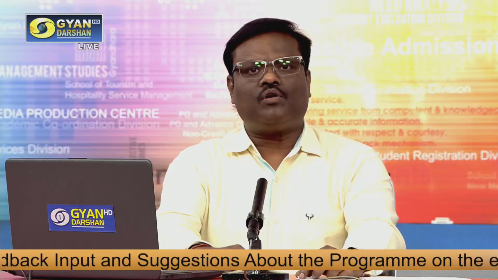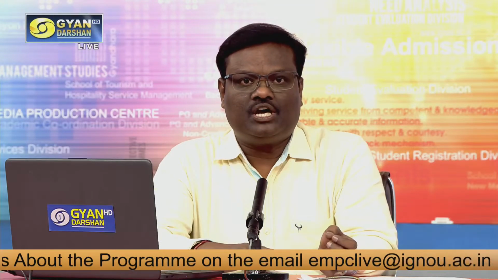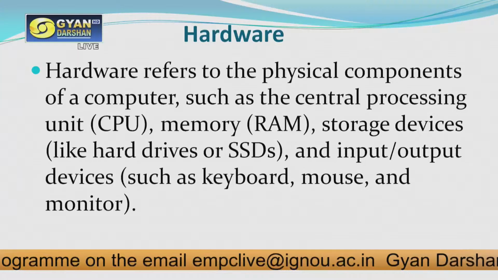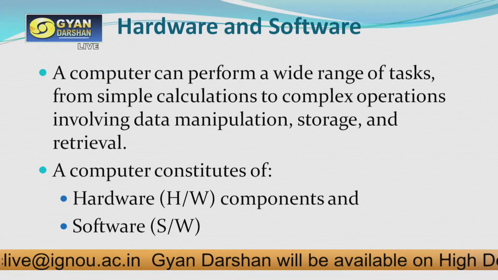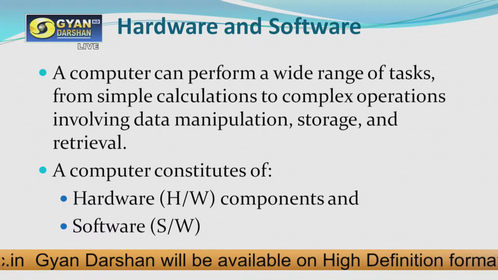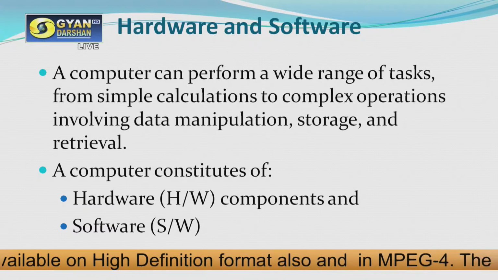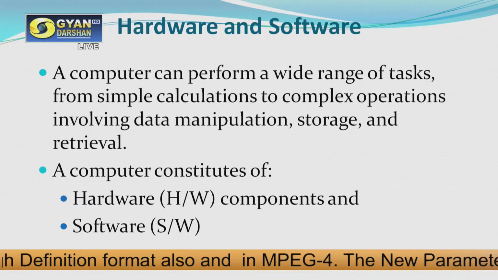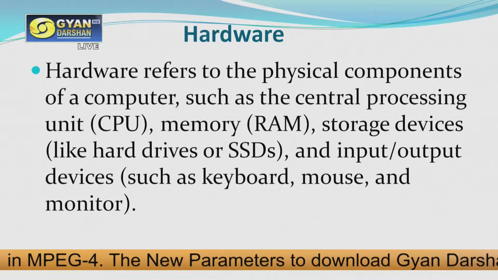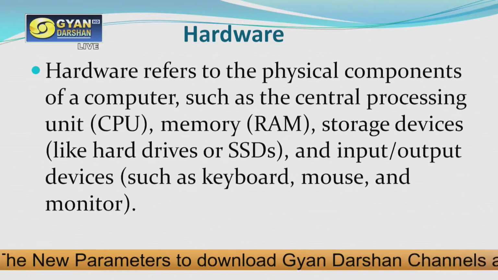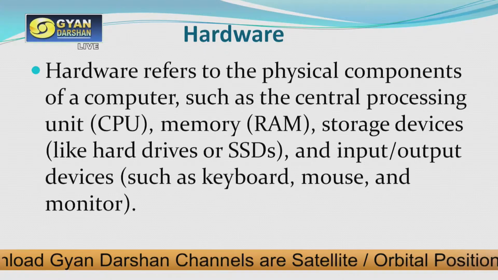There are two components on which we have to concentrate whenever we define a computer. One is called the hardware component, and the second is called the software. Both these things constitute a computer. Hardware refers to the physical components of a computer, like the circuitry and the monitor you see, the parts you can see and feel.